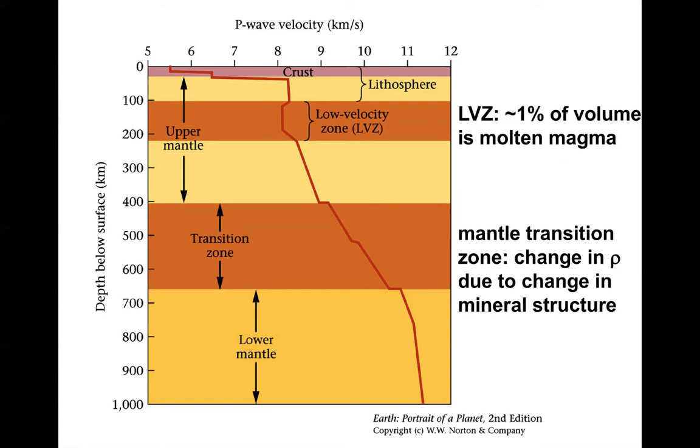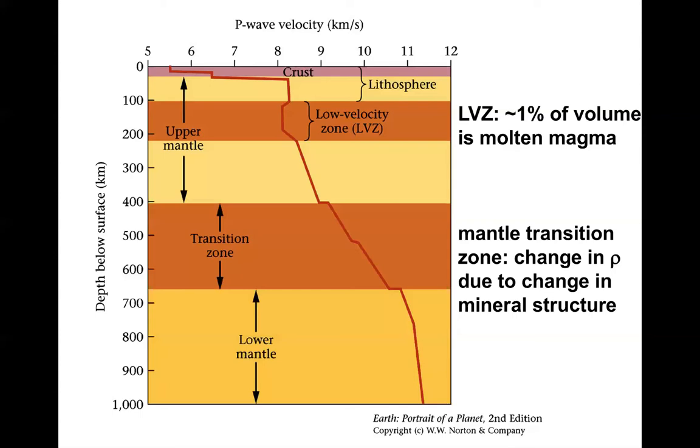So 1 to 5% of the volume may be molten magma, but as we'll talk about later in chapter 11 of your Winter textbook, we also need to think about how this molten material is distributed, and why we might never have more than about 5% molten magma in one area.